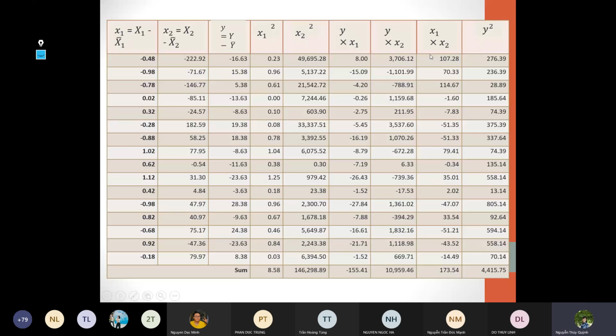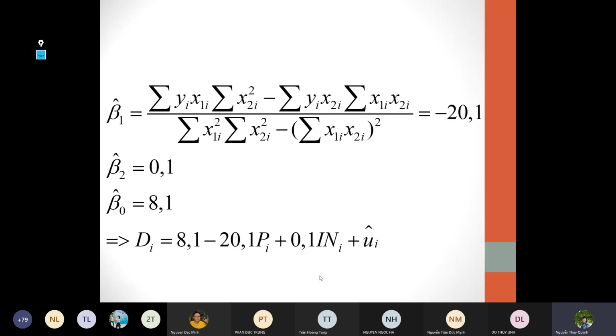Manually, you calculate small x1, small x2, and small y, then the squares of small x1 and small x2 and so on for each observation. Then you sum them all to get the inputs for the estimated coefficients, and plug the numbers into the formula. We get beta 1 hat, beta 2 hat, beta 0 hat, and the sample regression model.